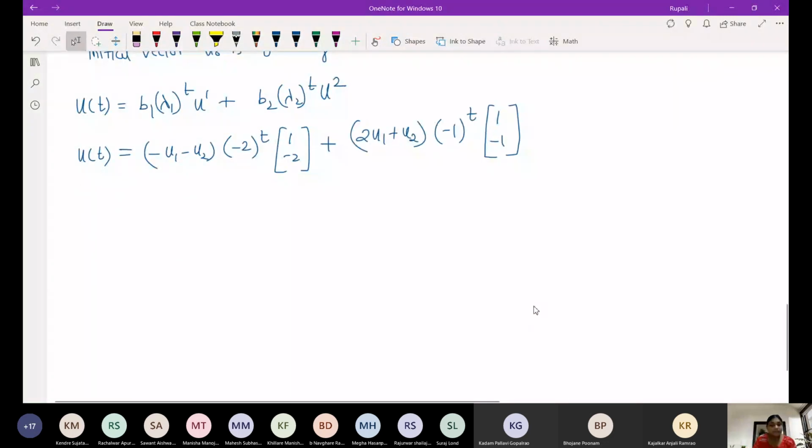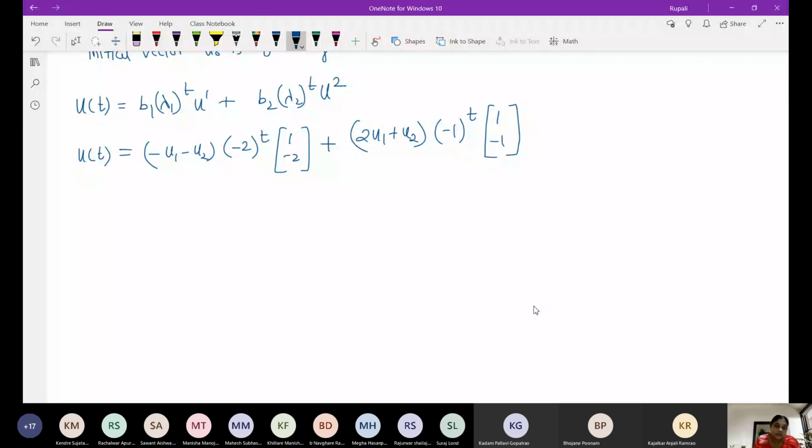Is that okay? Yes, ma'am. So you have to find b1 and b2, constants, not constants, they are vectors only. If it is a 3 by 3 matrix, then its solution will be b1 lambda 1 raised to t u1 plus b2 lambda 2 raised to t u2 plus b3 lambda 3 raised to t u3.